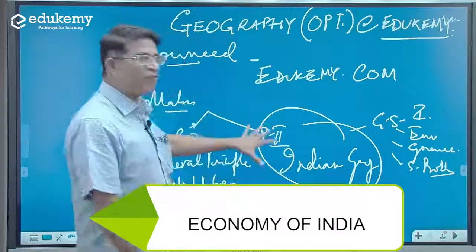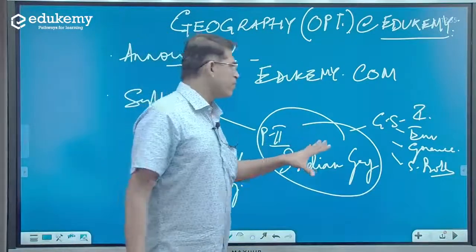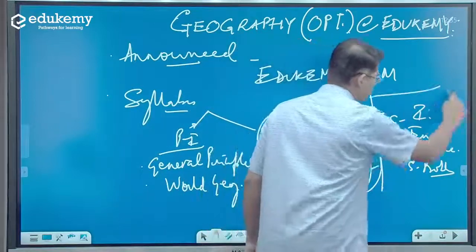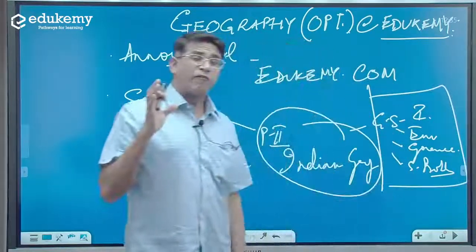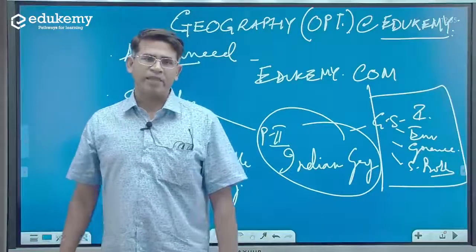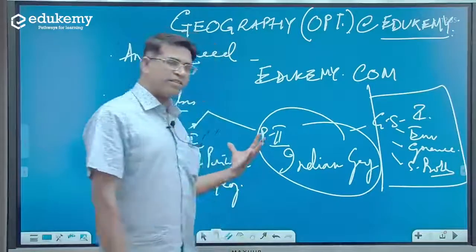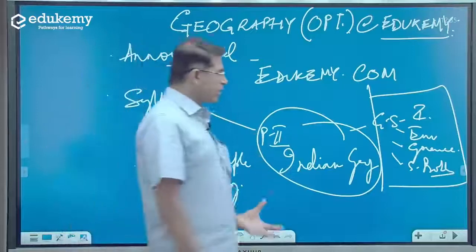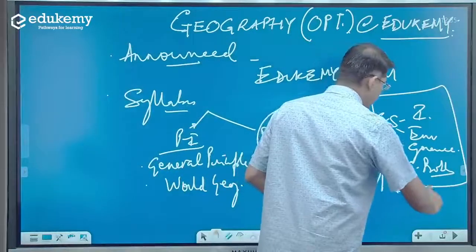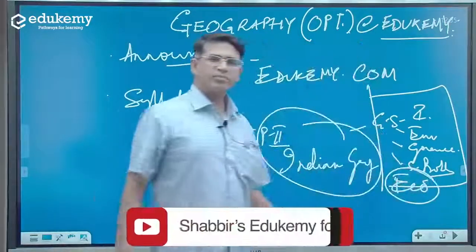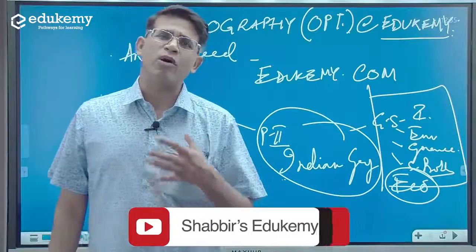So by the time you have finished paper 2 thoroughly, even your GS papers will be taken care of in good detail. One advantage of geography is there is a very good overlap with topics of economy in your GS, because economy ultimately is what?